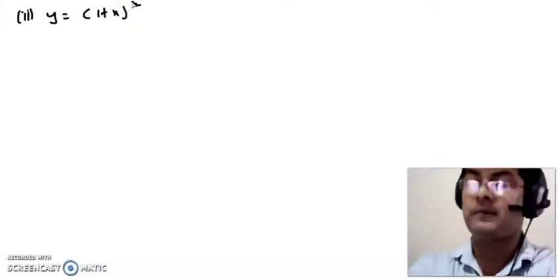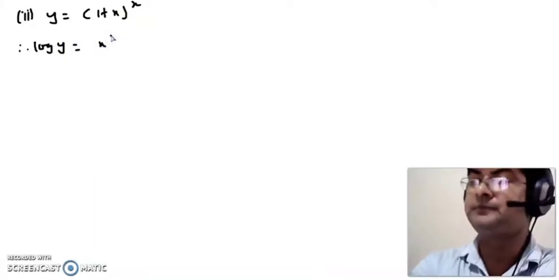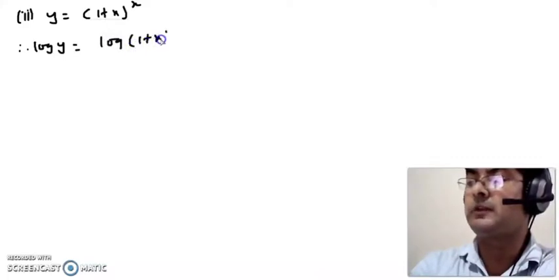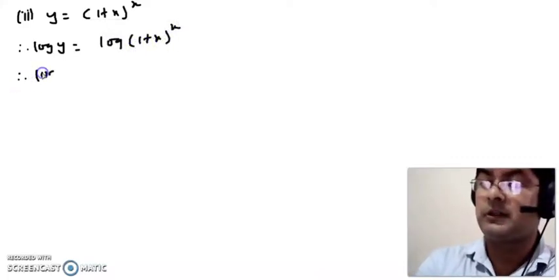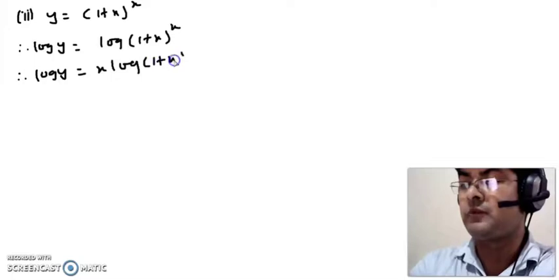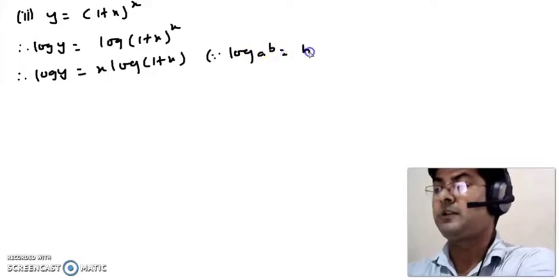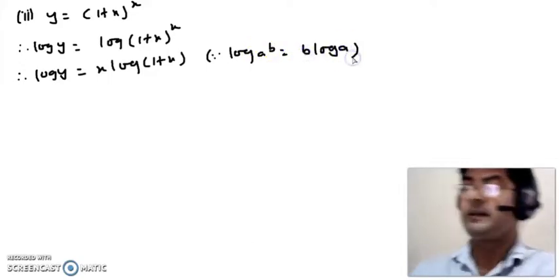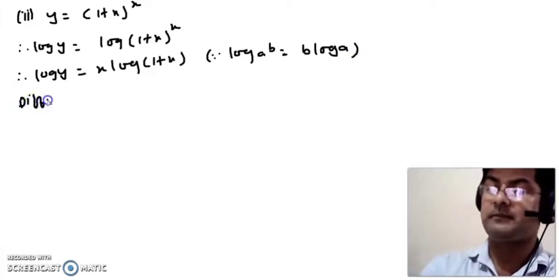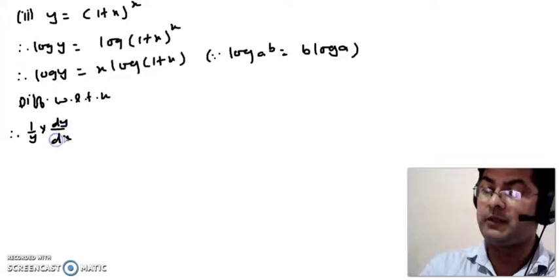Again you can apply log. Therefore log y is equal to log (1 plus x) raised to x. Therefore log y is equal to x log (1 plus x), since we know that log a to the power b is equal to b log a. Okay, now differentiating with respect to x, differentiation of log y is 1 upon y into dy by dx.